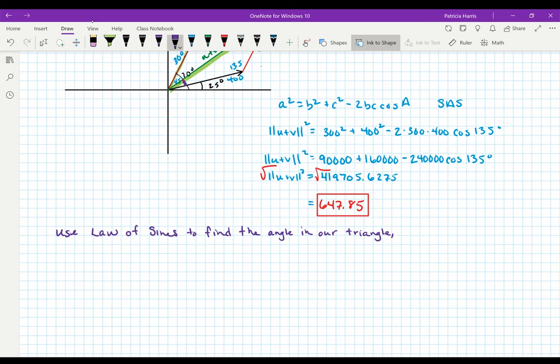And then add 25 degrees, since the direction angle is always measured from the positive x-axis.